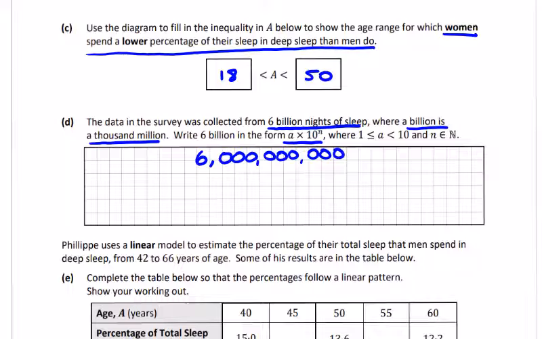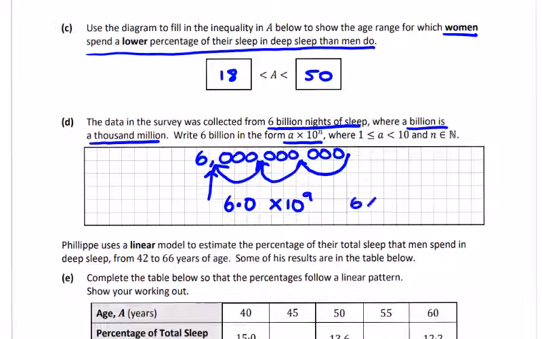You just have to put the decimal so that the number is between 1 and 10, excuse me. So 6.0 is where it will be here. So that will be multiplied by, how many places have we moved the decimal? It was here. We moved it 3, 6, 9, so 6 by 10 to the power of 9.